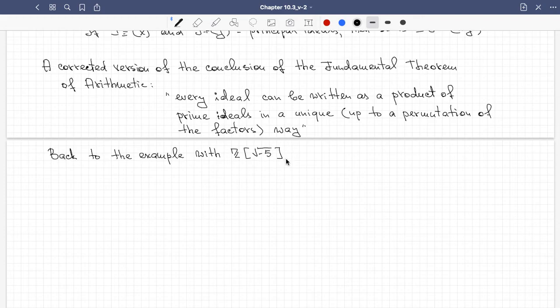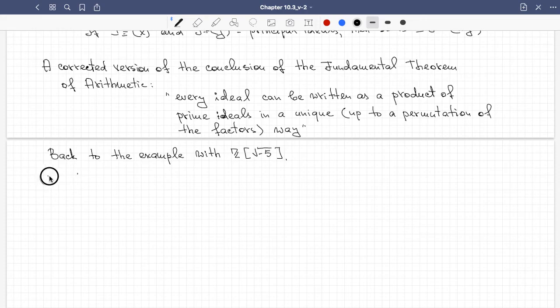In this example, there are three prime ideals.